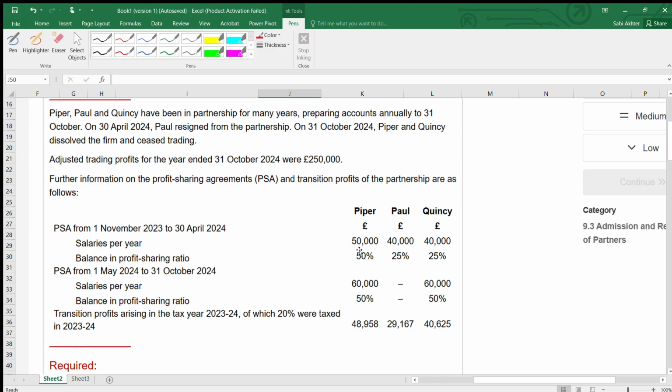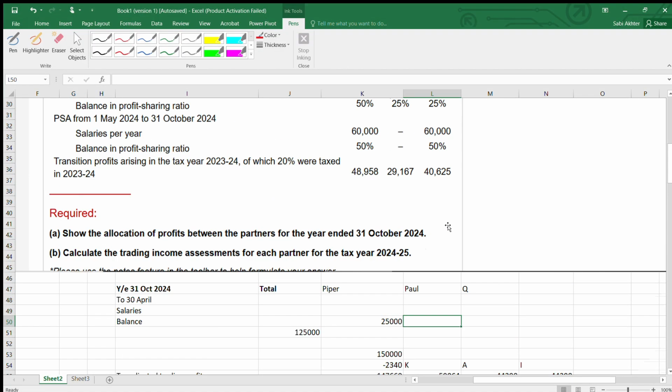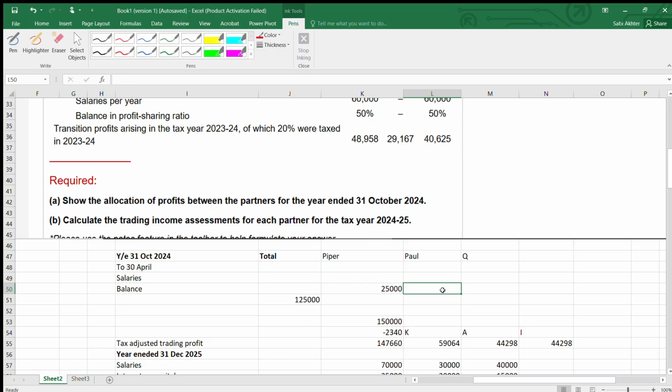So this one, if you see, it is salary per year. Okay, if you take for 6 months, for Piper, 50,000 will be 25,000. Then for Paul, again, it's 20,000 because it's 40.